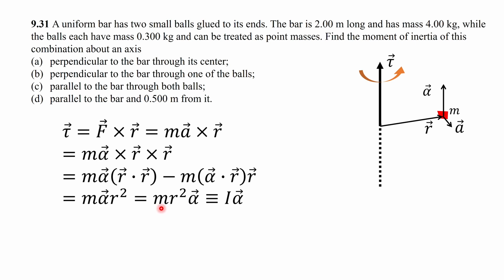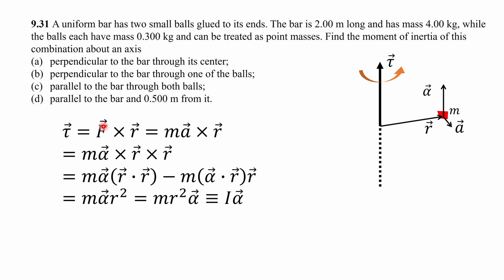Then we define the mass times the radius squared as the moment of inertia. So you can think about that. Newton's second law tells us the force equals ma. And in angular motion, we just use another formula. That is torque equals I alpha. So that means I is inertia. The moment of inertia is going to replace the mass, and the angular acceleration is going to replace the linear acceleration.